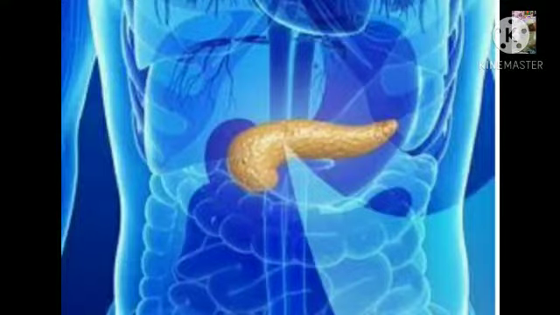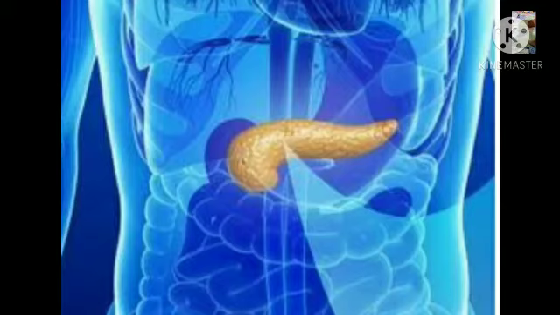Let us recall. Pancreas. Location: behind the stomach in the upper left abdomen. It is both a duct gland as well as a ductless gland. It is a duct gland because its secretion, pancreatic juice, is poured into the duodenum for digestion through a duct.